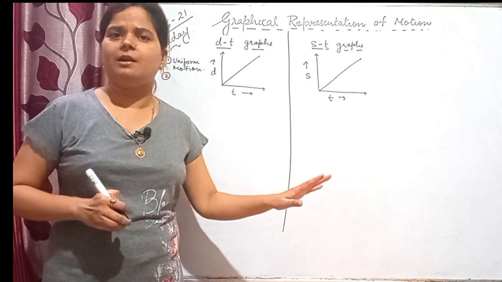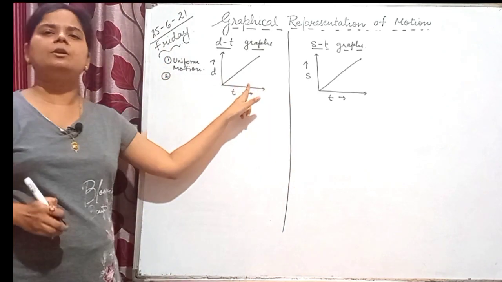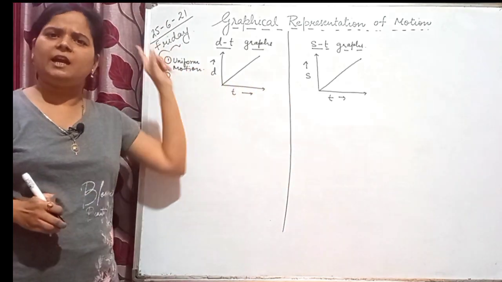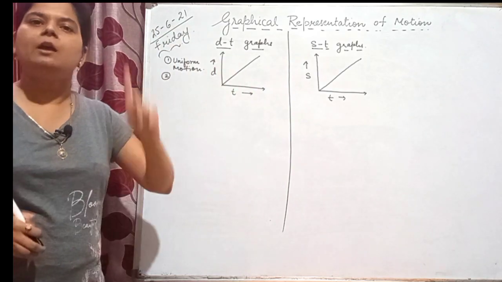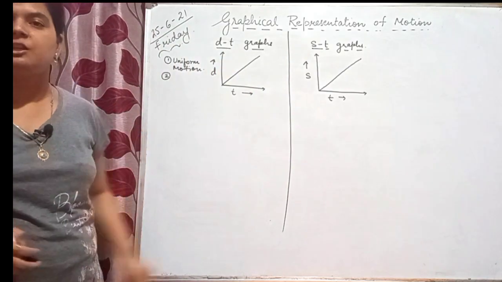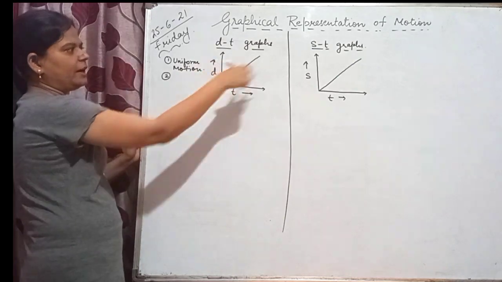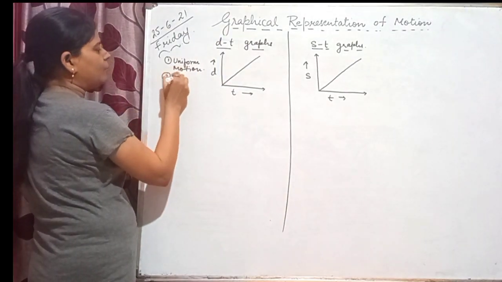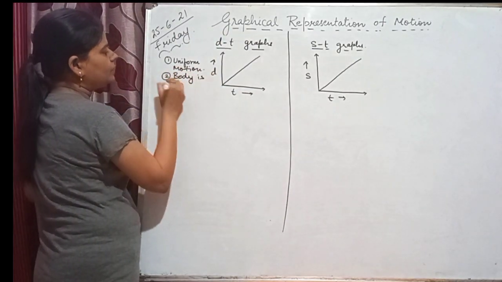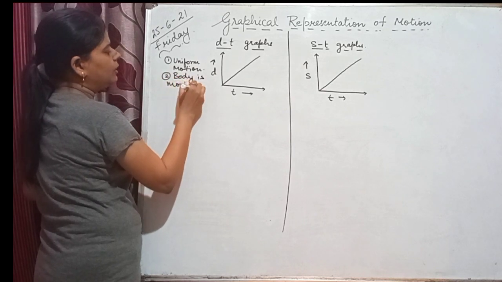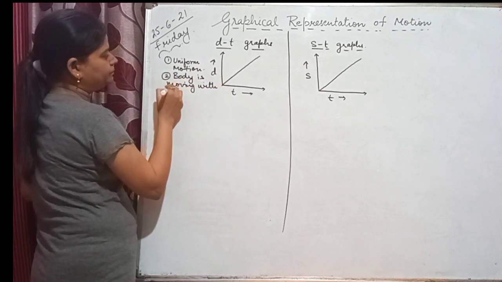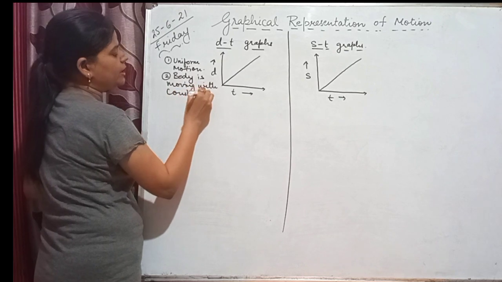So it is very clear that if this graph is representing uniform motion, it means this graph is representing that the body is moving with a constant speed. So the second information that we are getting from this graph is that the body is moving with constant speed. That is, the speed is not changing.